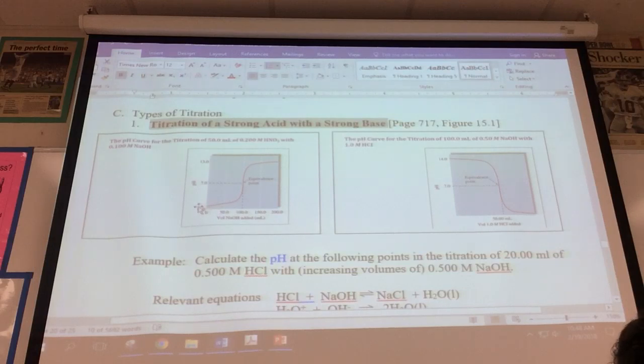You're starting with an acid, so you start with a low pH. It's a strong acid, making its pH lower and lower. The equivalence point when you titrate a strong acid with a strong base is always 7.